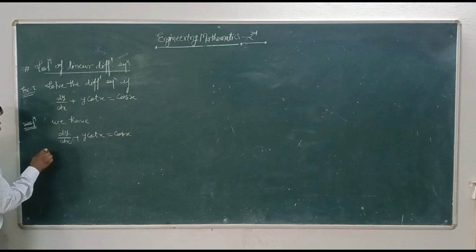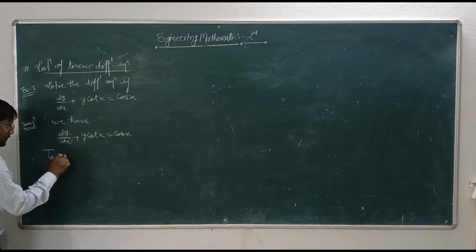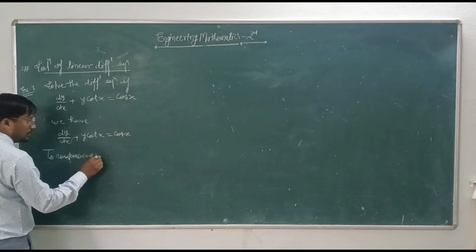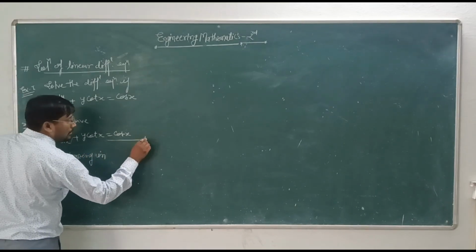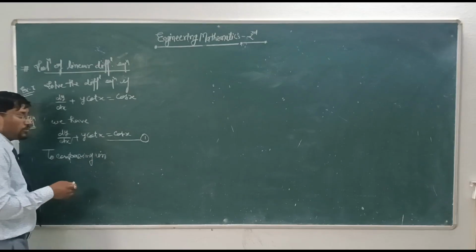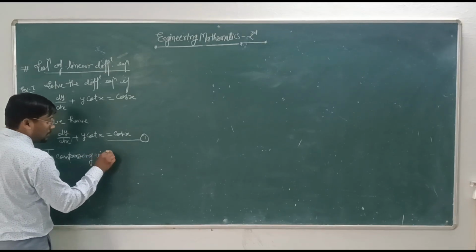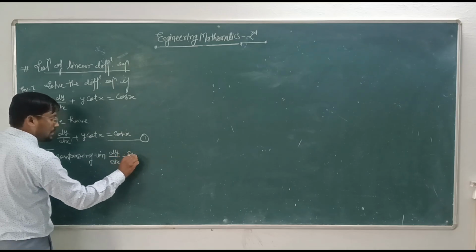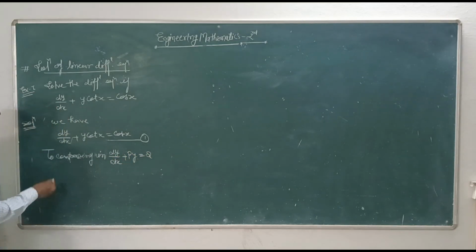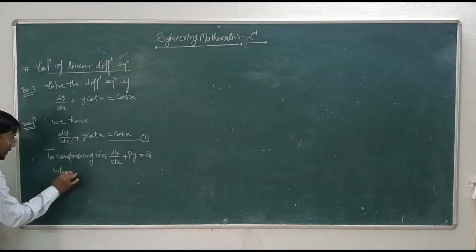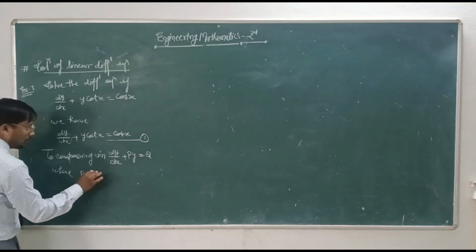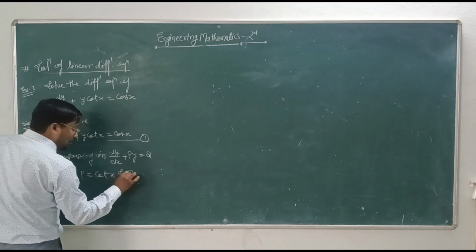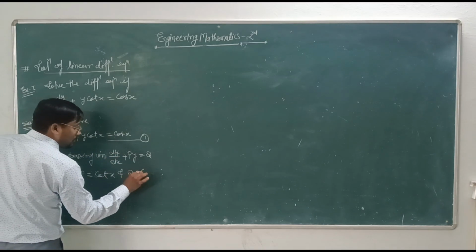Now comparing this with equation number first, the linear differential equation dy/dx plus Py is equal to Q, where P is equal to cot x and Q is equal to cos x.